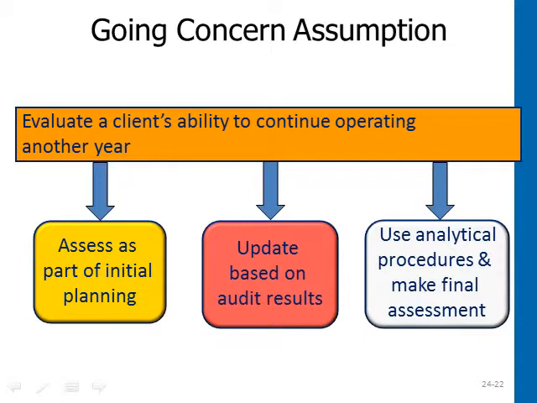And essentially what we're saying here is that if we don't otherwise state in our opinion, the assumption is that the company is able to stay in business for the next operating cycle. If we have a concern, we have to qualify our report by indicating to the users this concern about the company's ability to stay in business over the next reporting cycle.